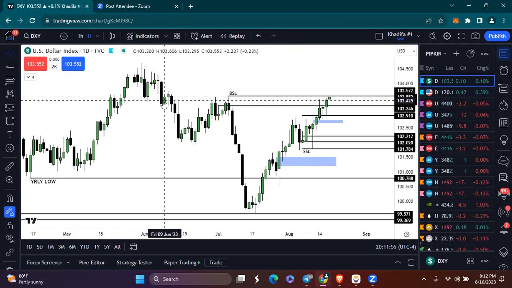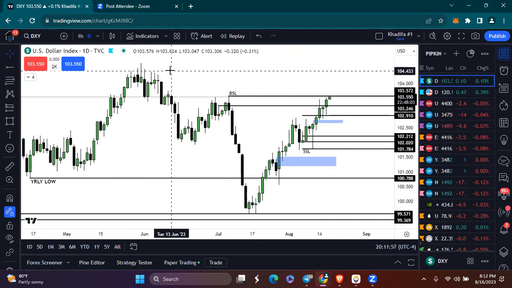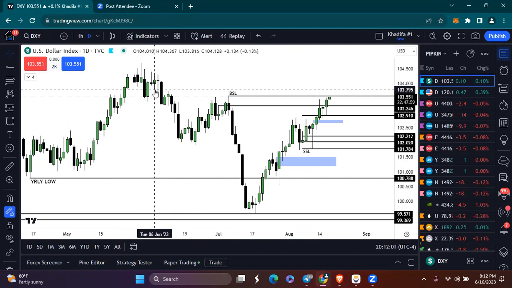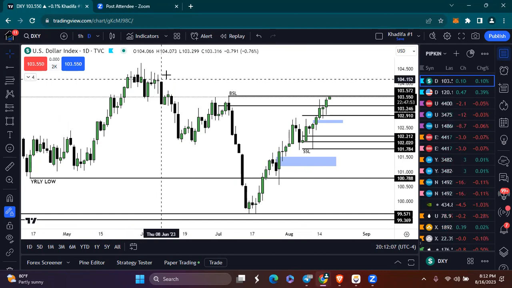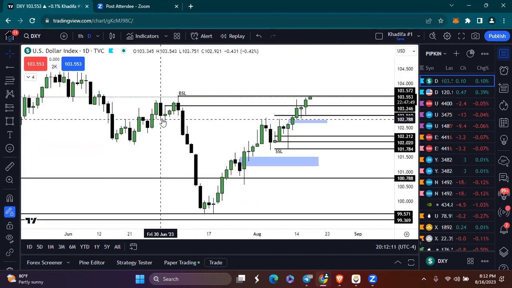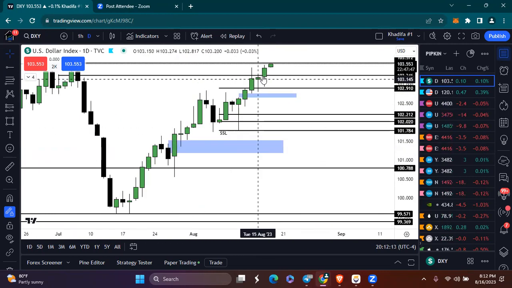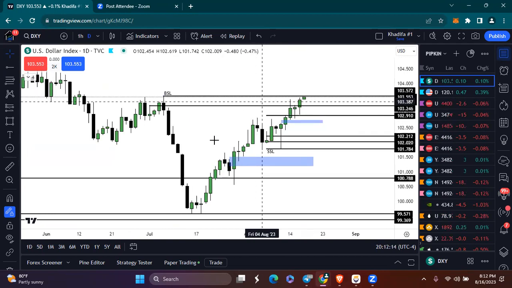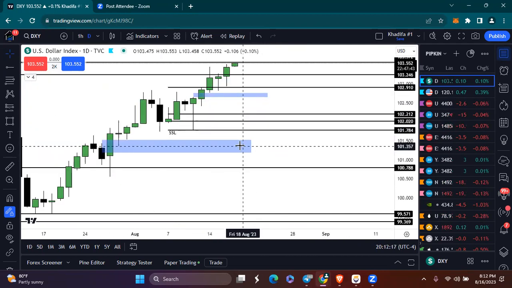And if we run above that, then we will see the dollar run to 104.36. That's what I wanted to see to start out the week with the dollar.